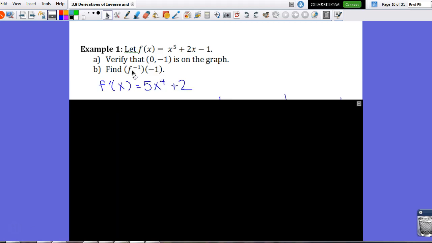If you're asked to find the inverse derivative at -1, so we haven't gone to the derivative part yet, this has a typo. I need a prime. So if you're asked to find its inverse derivative at -1, that is the y value of the original point.